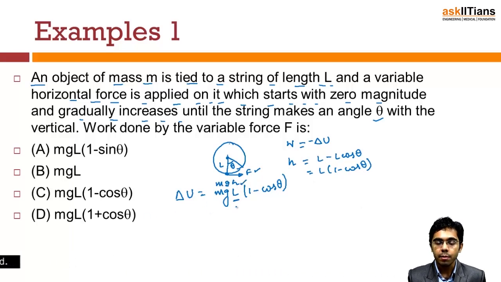So it will be mgL(1 minus cos theta). This is the work done by this external force, equal to minus of minus delta U, so it will be delta U. So option C will be correct.